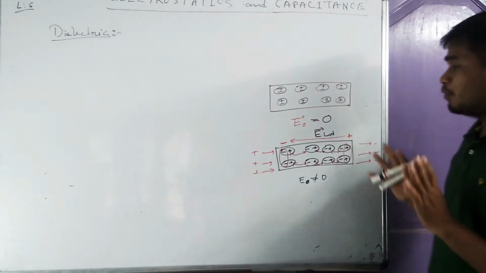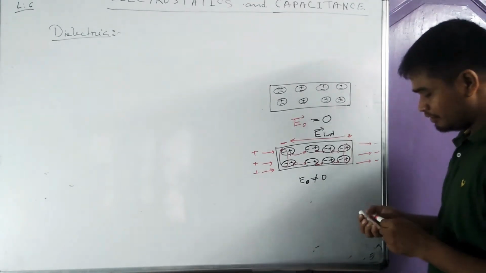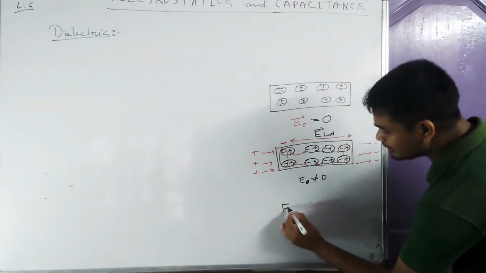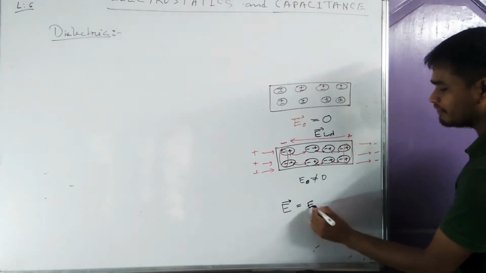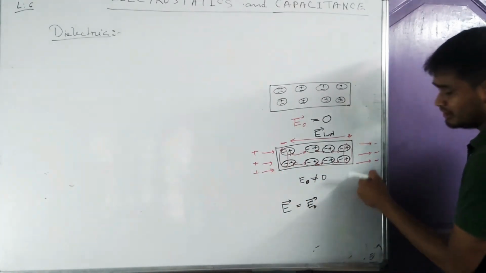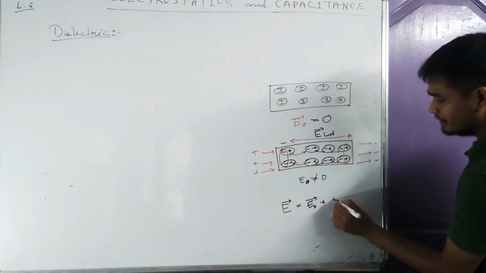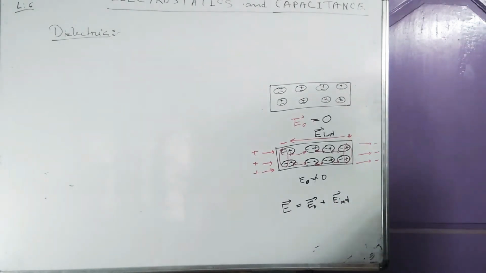Clear? Now, what will be the total electric field in the dielectric? The total electric field E in the dielectric is equal to the applied electric field, which is in the direction from this to this side, plus E induced. Clear?